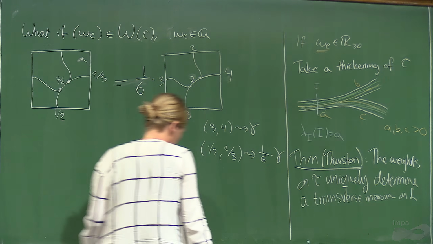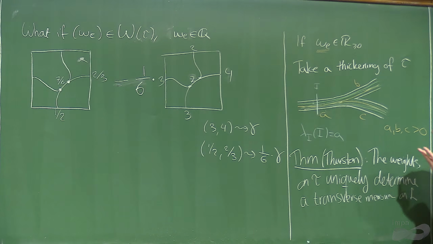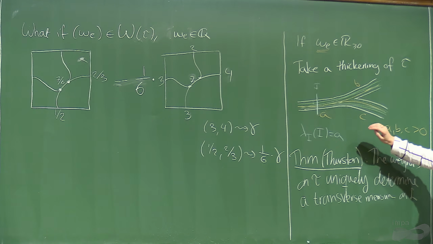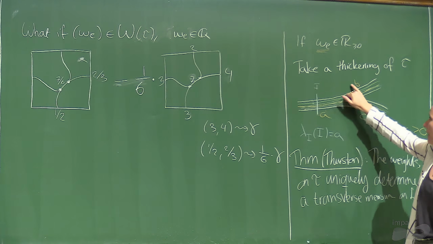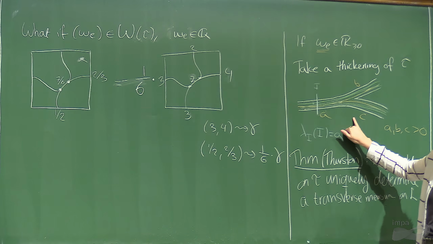Really, I said that multi-curves, if you allow any weights, let's say weights in the rationals, are dense inside measured laminations. You can see that also in this way: if you have any real weights here, you can approximate them by rationals.